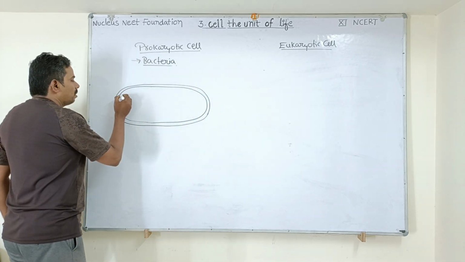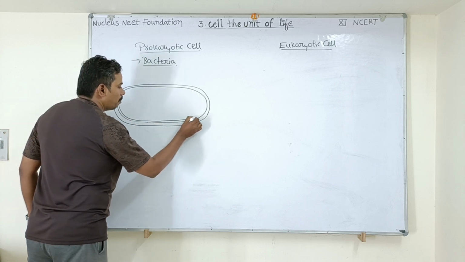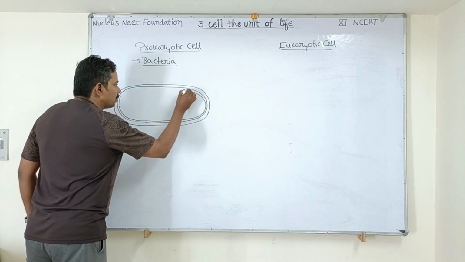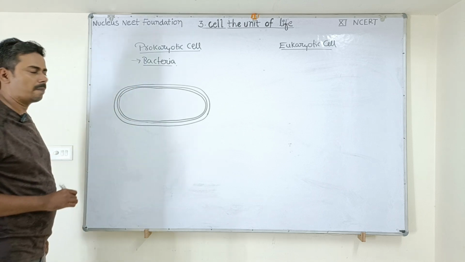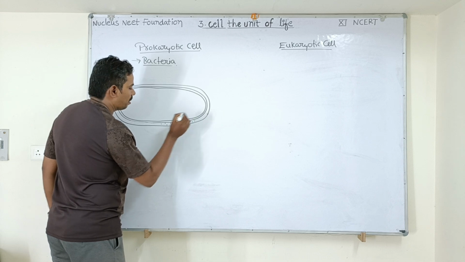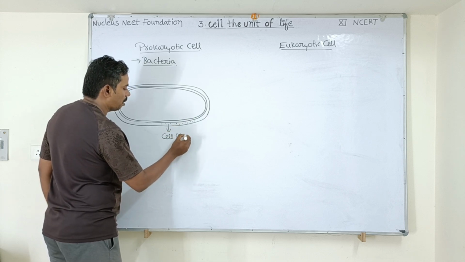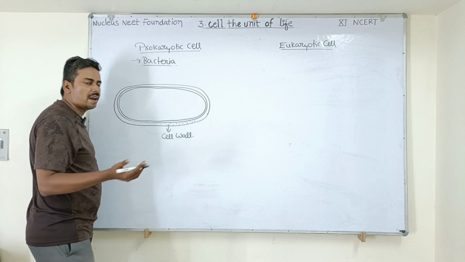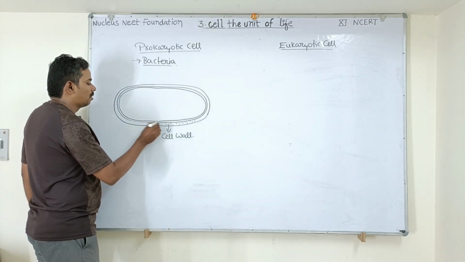So below the cell wall there is a thin membrane called the plasma membrane. Okay, so क्या है बेटा? The outer rigid layer is cell wall. Just like plant cell, the prokaryotic cell also have rigid cell wall.